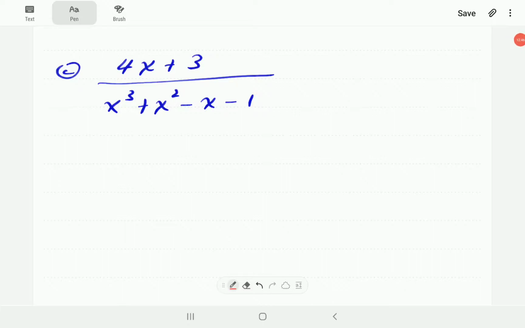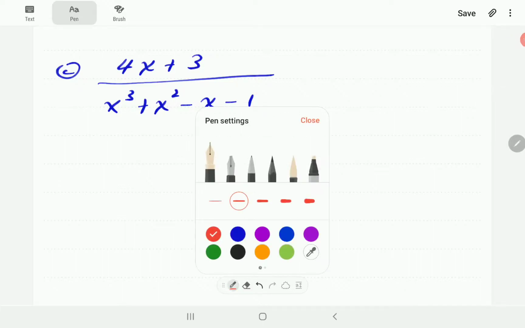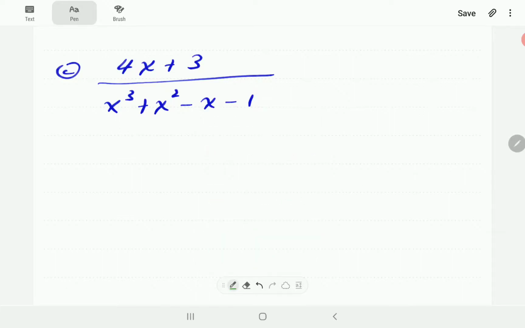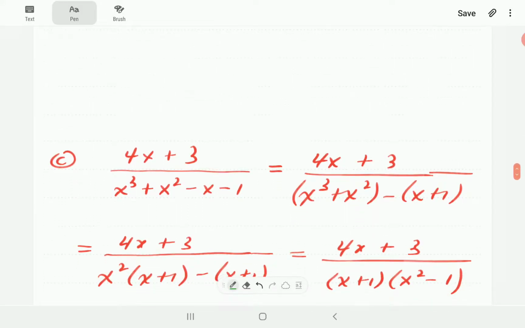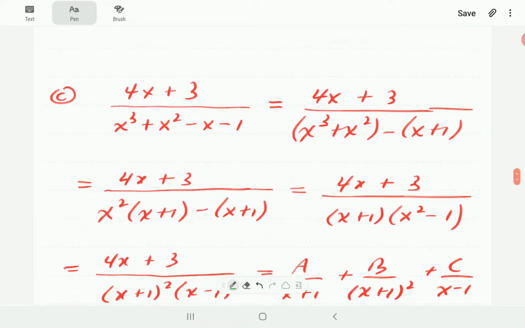Alright, we are now going to show you the solution to part C, which is 4x plus 3 over x cubed plus x squared minus x minus 1. So here is our solution. First thing we note is that this is a proper rational expression, so there's no need to divide first.